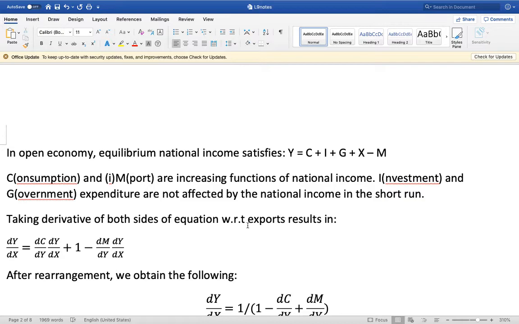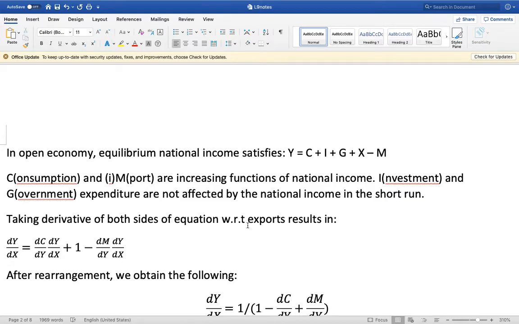And the consumption and imports are increasing functions of national income, and the investment and government expenditure are not affected by the national income in the short run.